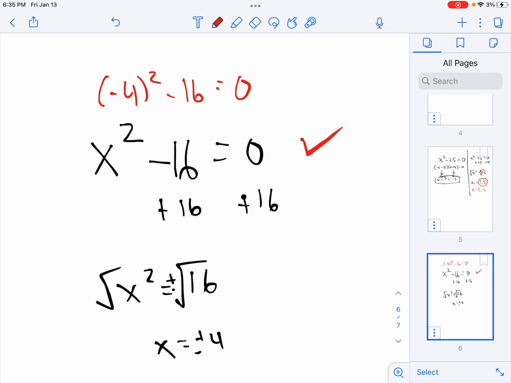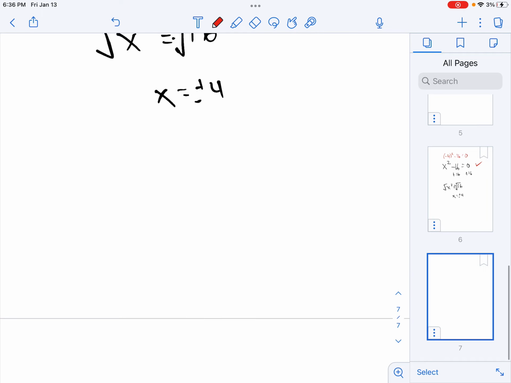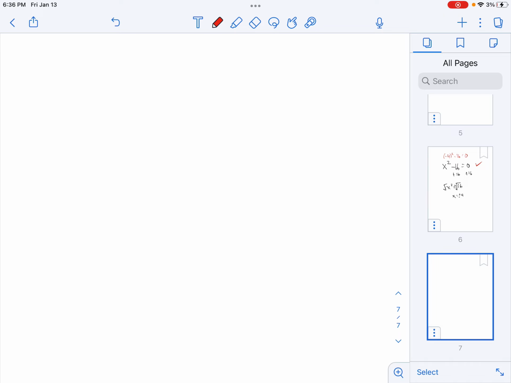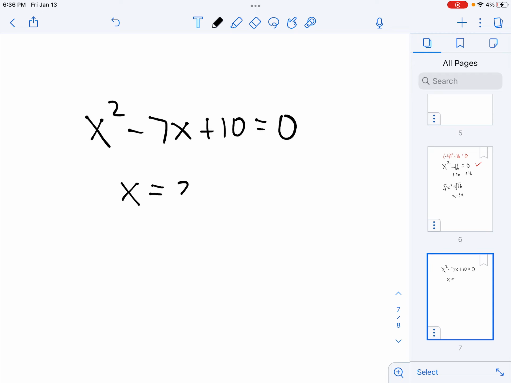All right, let's go and talk about the next type of thing. Now remember the very first example we did looked like this. You've got x squared minus 7x plus 10 equals 0. And we got two really nice solutions here: x equals 2, x equals 5.